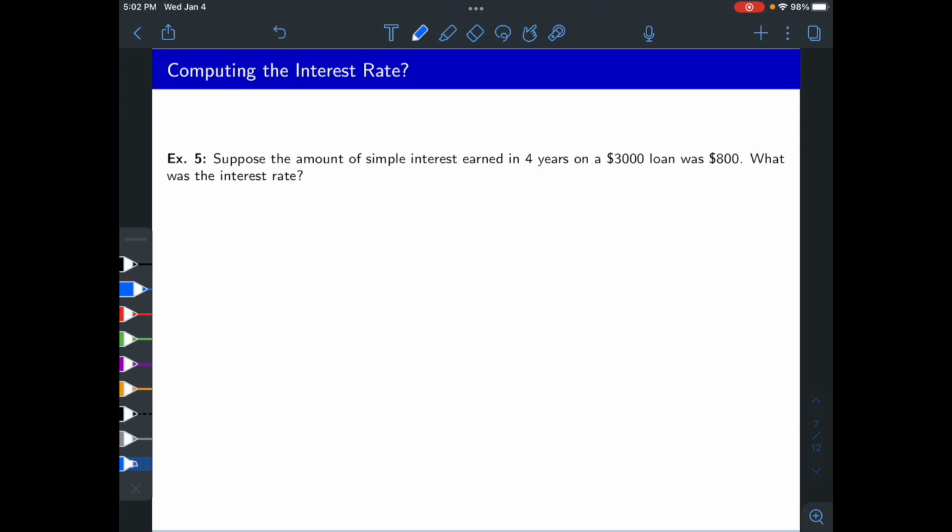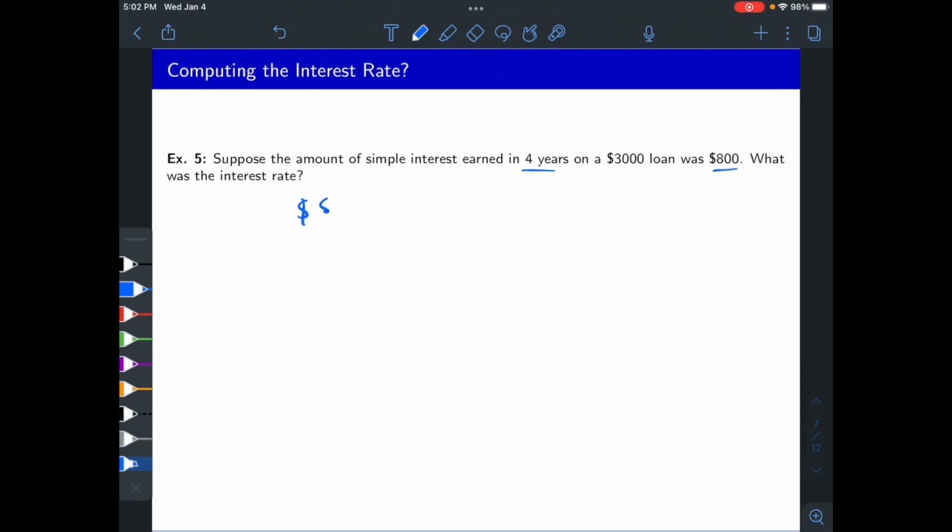Okay, there's a couple of ways you can think about this. How I like to think about this is the following, but maybe I'll show you the other way as well, which would be to use the formula. So in 4 years, we make $800. We should first figure out how much we're making per year, because we're really looking for a per year interest rate.